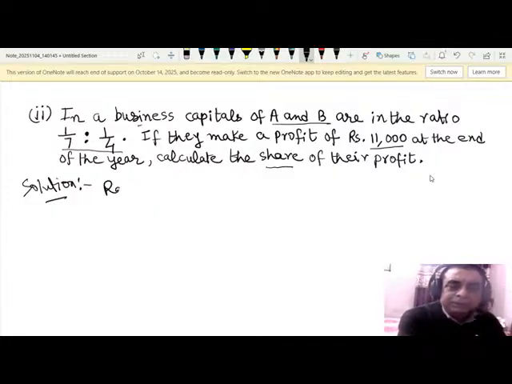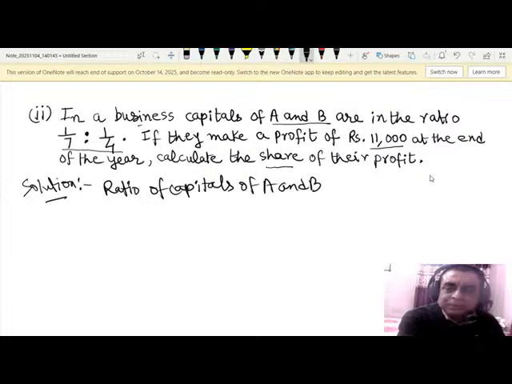So the ratio of the capitals of A and B, that means the money contributed by A and B in the business is in the ratio 1 upon 7 is to 1 upon 4. In what ratio they contribute the money, the profit will be shared in the same ratio.